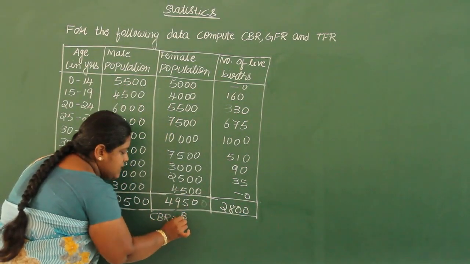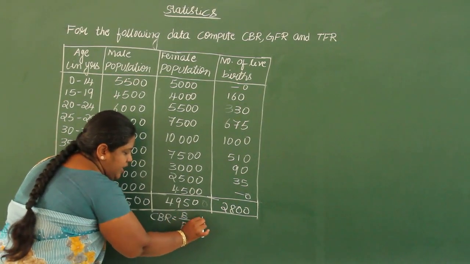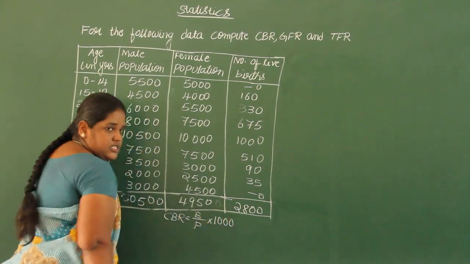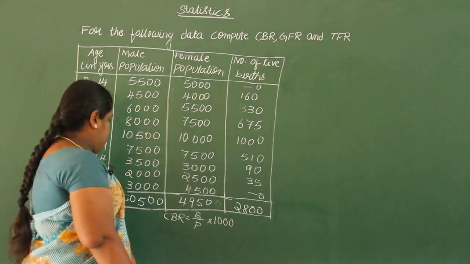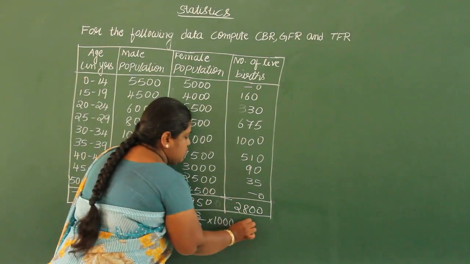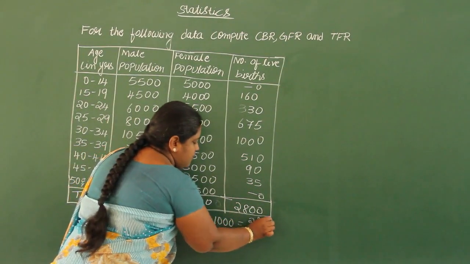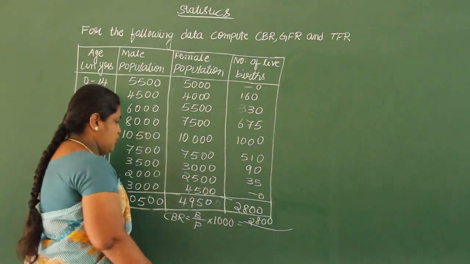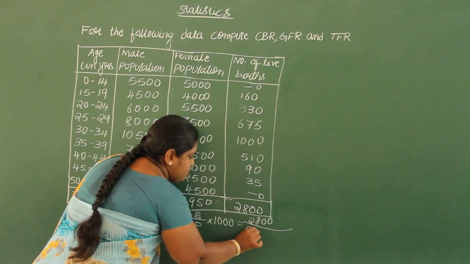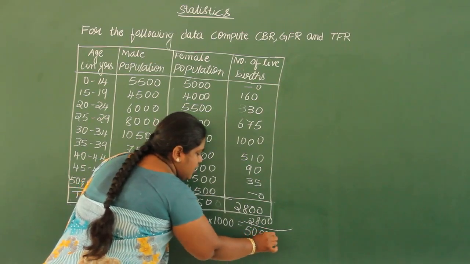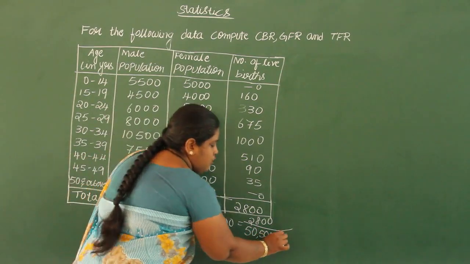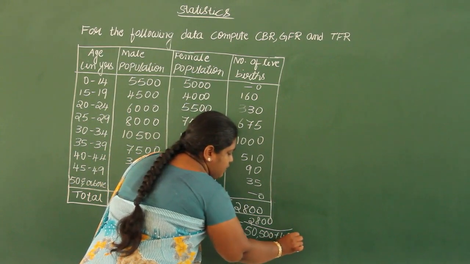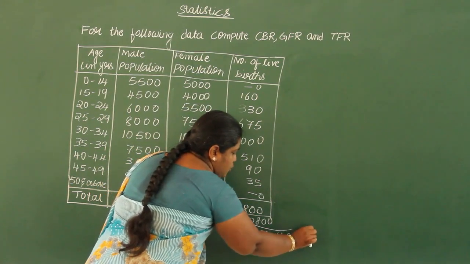The CBR formula is B divided by P into 1000. So what is the B value? It is 2,800 divided by the male population and the female population, 50,500 plus 49,500, into 1000.